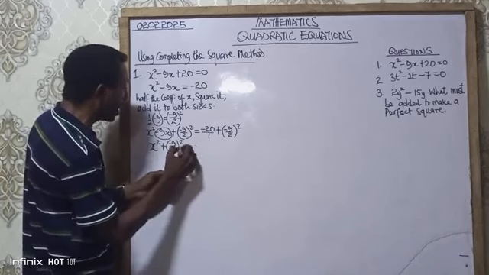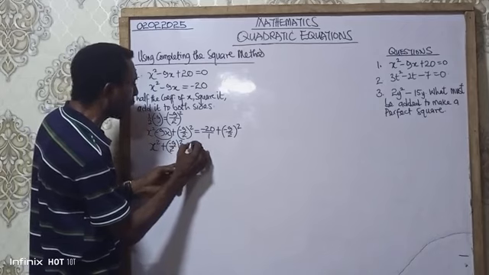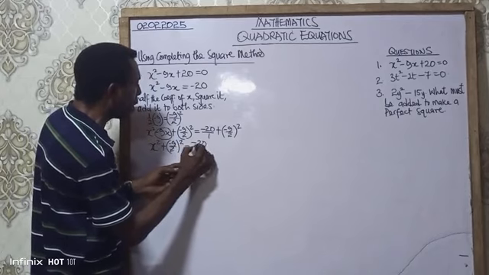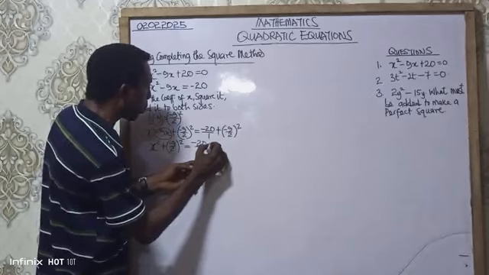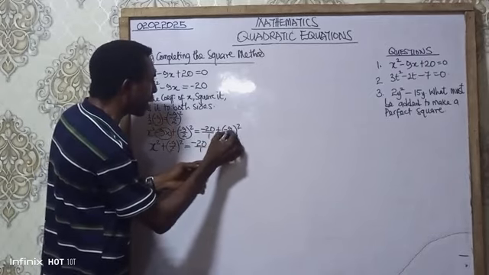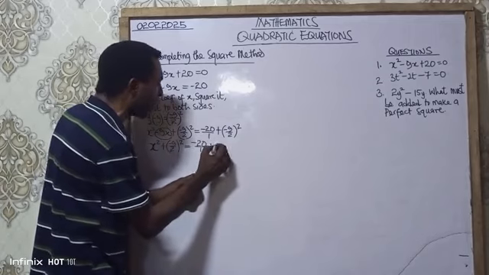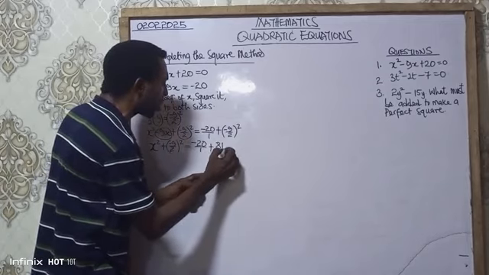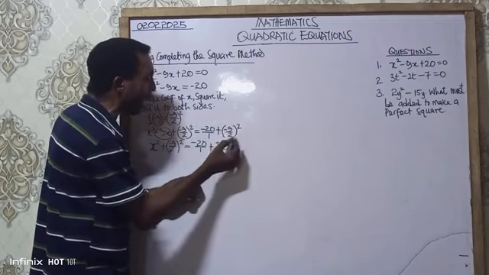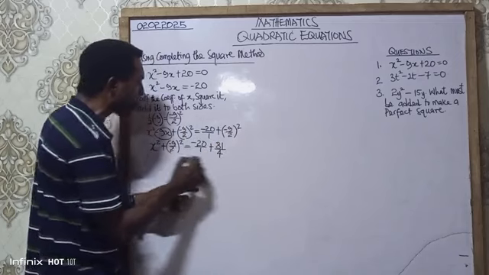Please follow keenly. The next one will now be minus 20 over 1 plus, solve this one, minus 9 squared will give us minus 9 times minus 9 is 81, plus 81 over 2 times 2, which will give us 4. So we have this.